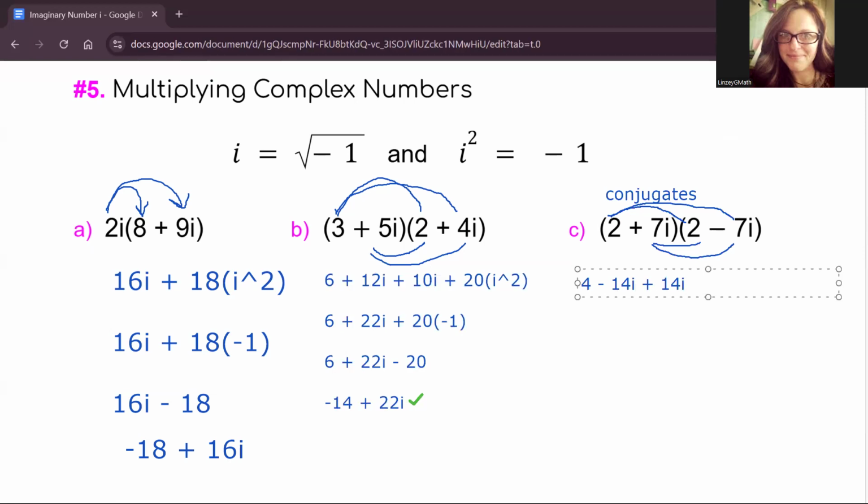And then 7i times negative 7i is minus 49i squared. Notice negative 14i plus 14i cancels out, and i squared is negative 1. So we get 4 plus 49, which is 53.